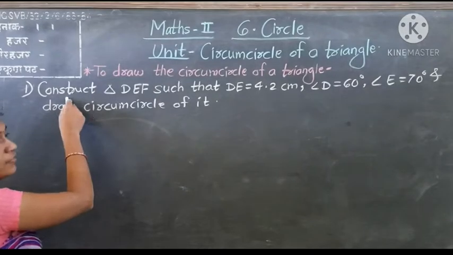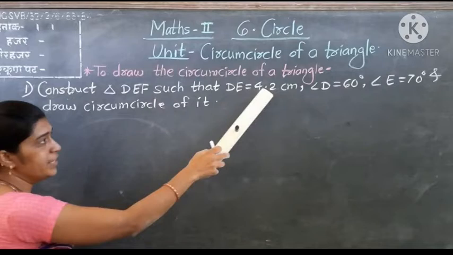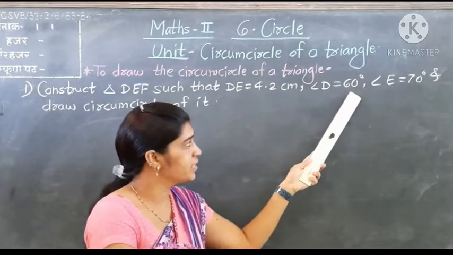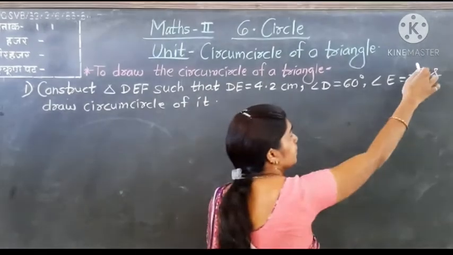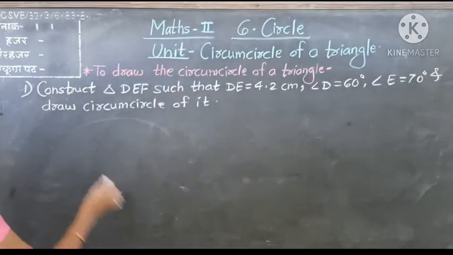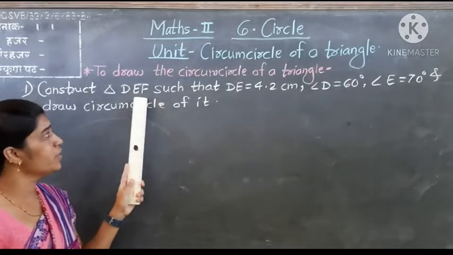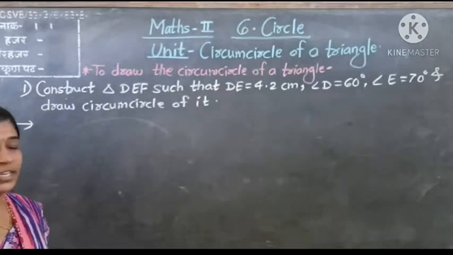Here it is given: construct triangle DEF such that DE is equal to 4.2 cm, angle D is equal to 60 degree, angle E is equal to 70 degree, and draw the circumcircle of it. Students, what is given here? We have to draw triangle DEF first and then draw the circumcircle of it.